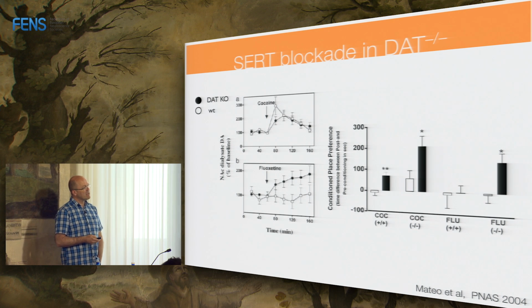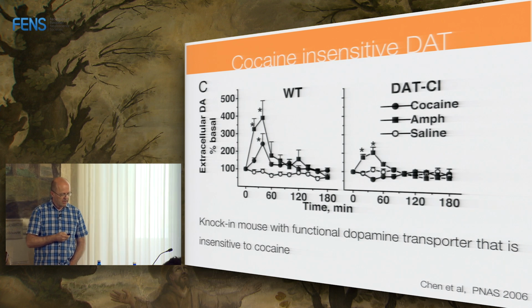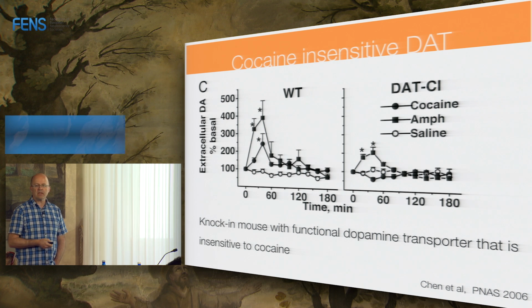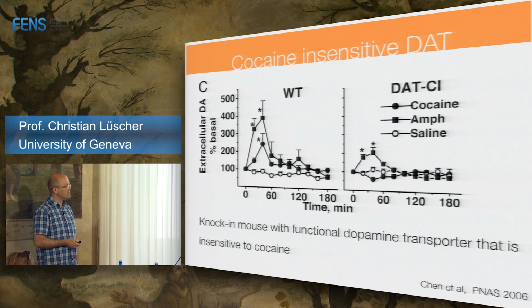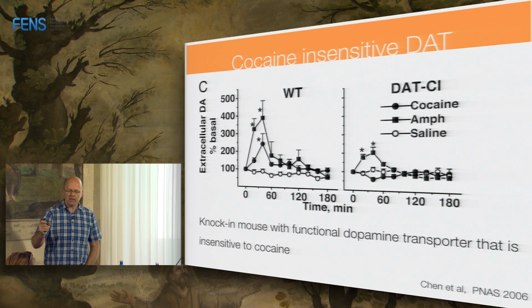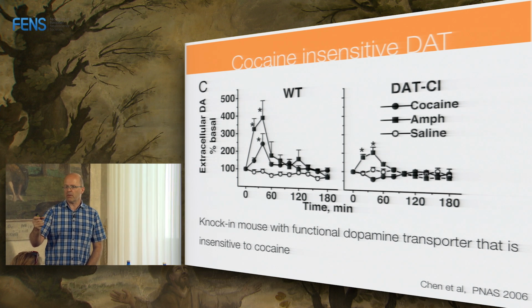But I guess what really nailed the entire explanation was the following experiment, which was published in 2006 by the group of Howard Gu. What they did is they refined the genetic manipulation in the mouse.